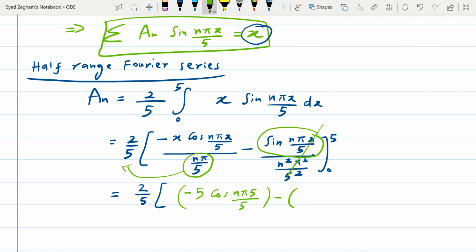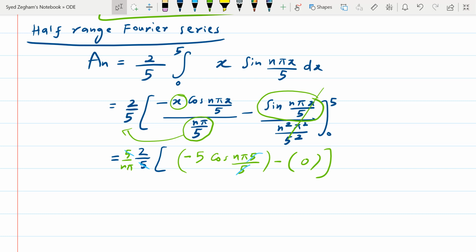So when you put x equal to 0, everything will become 0. And here this n pi by 5, you are shifting it outside, so it will become 5 over n pi. And if you want to cancel some things, this 5 will cancel this 5, and this 5 inside the angle will cancel the denominator.